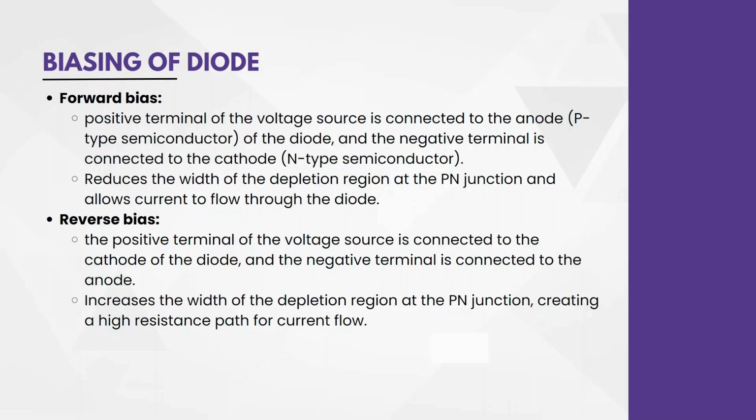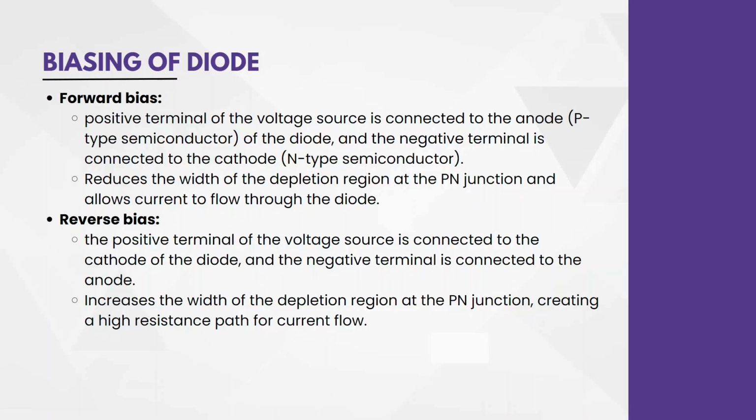So positive should be connected to positive, negative to negative. At that time, we say the diode is forward biased. When it is forward biased, it will reduce the width of the depletion region and allow the current to flow through it.